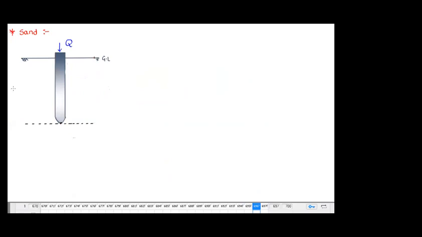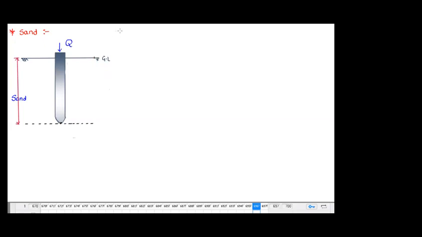This is nothing but a sand, my dear. The total soil is nothing but a sandy soil, and the length of the pile is nothing but L. Again, fine. Let's write down the equation, please.